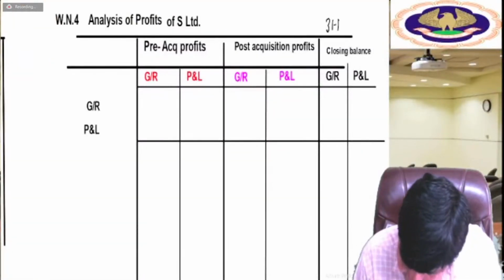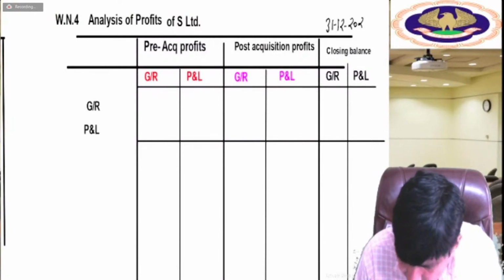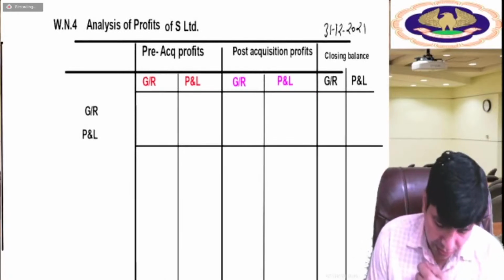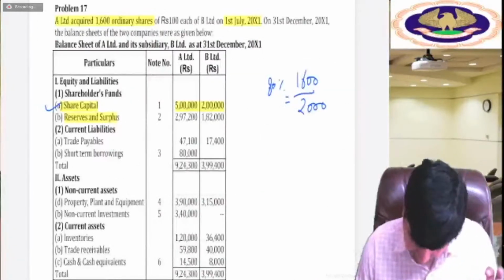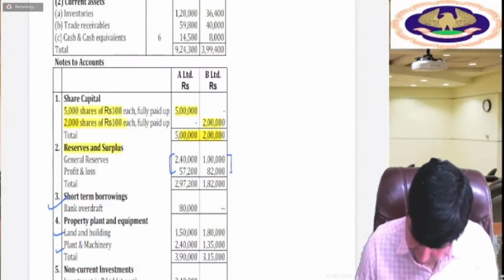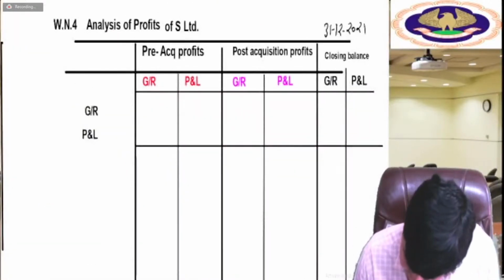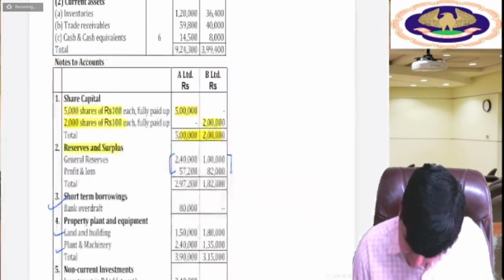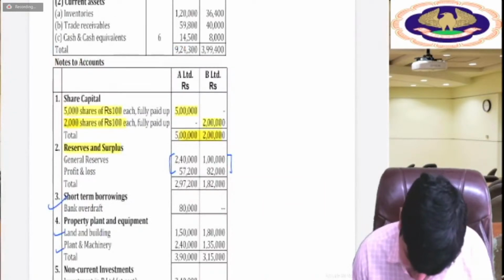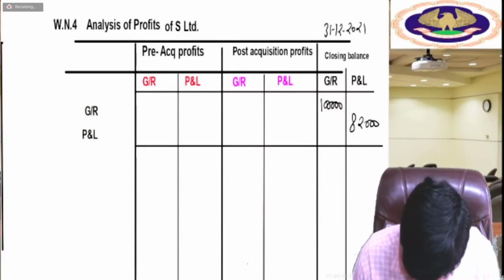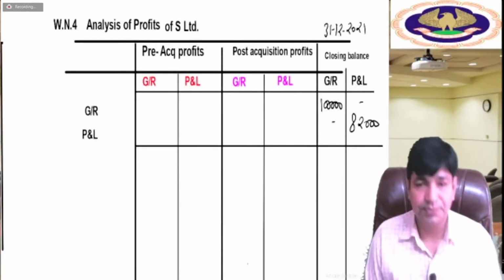The general reserve and P&L balances of the subsidiary company are 1 lakh for general reserve, and for profit and loss, 82,000. Give a dash to the other part.